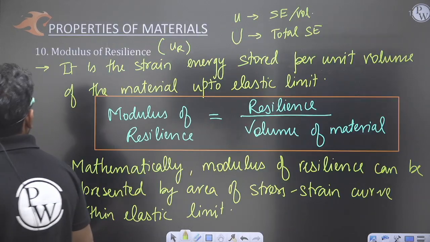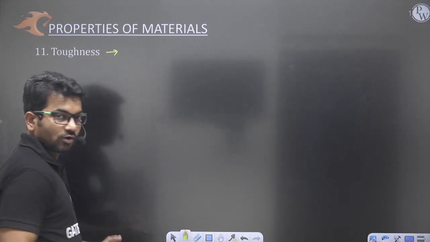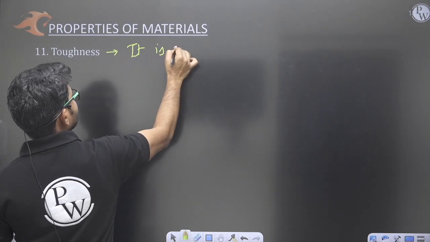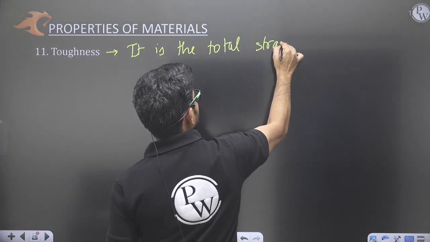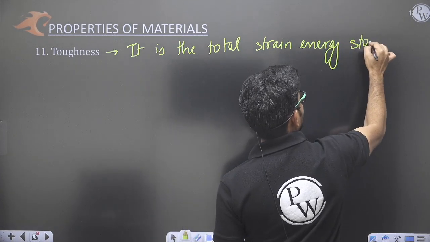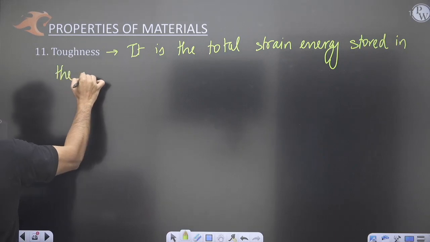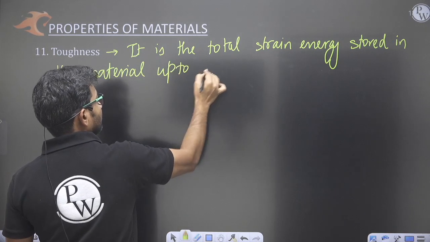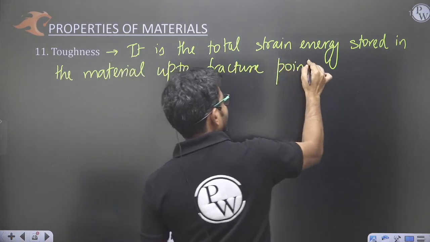So let us write it quickly. Since we have understood resilience, now toughness is not that difficult. It is the total strain energy stored in the material up to the fracture point.